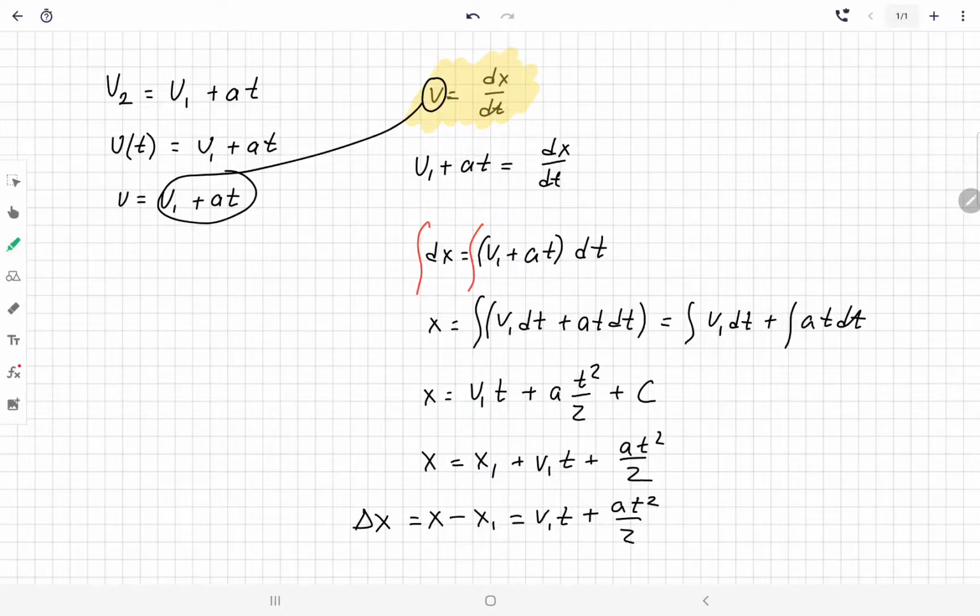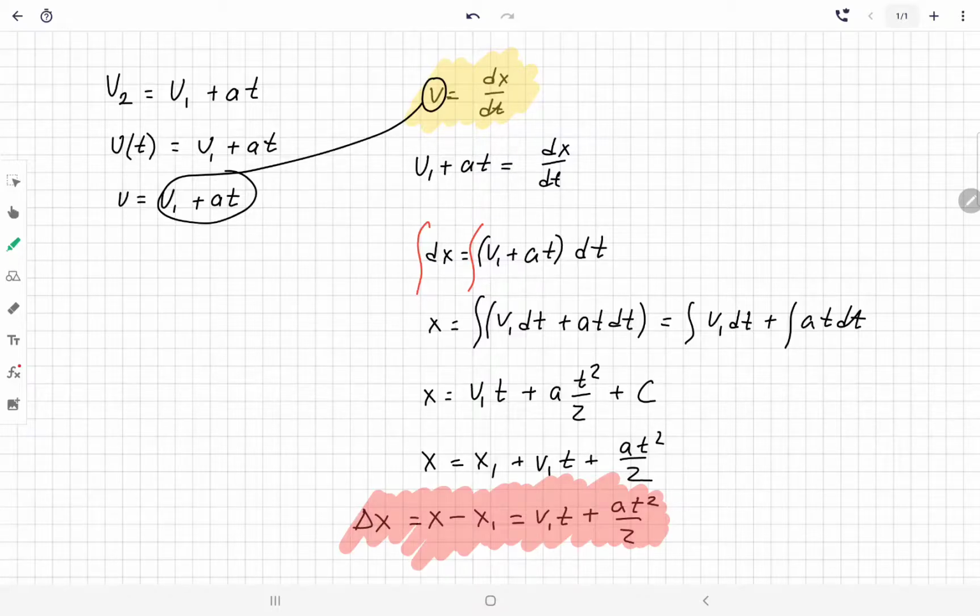So we derived our second equation: displacement equal to initial velocity times time plus at squared over 2. So for motion with constant acceleration, we already derived two equations, and by combining these two equations, we can come up with a third equation.